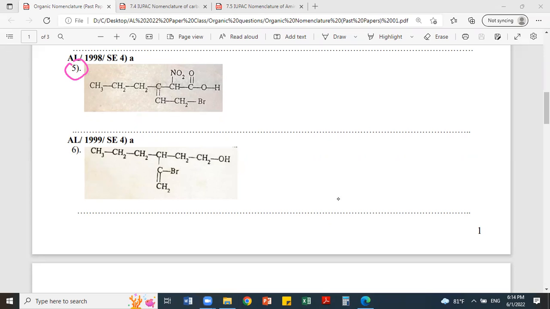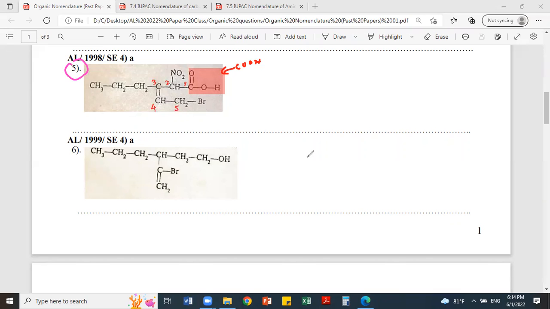I'll highlight this. This entire thing is COOH. Therefore you have to name this as carboxylic acid, and you have to start numbering from that end. Give the lowest number to the main functional group. Then 1, 2, 3, 4, 5.